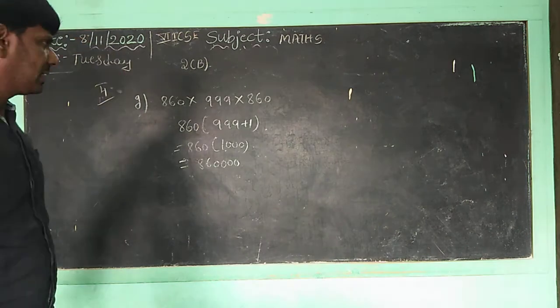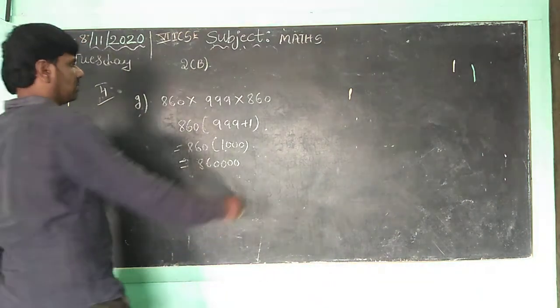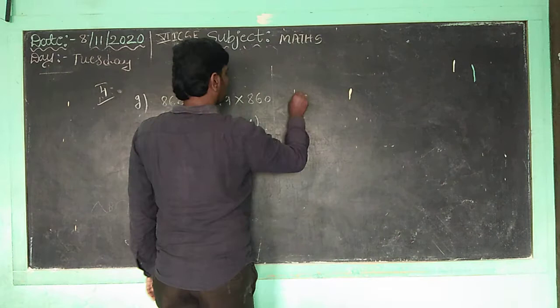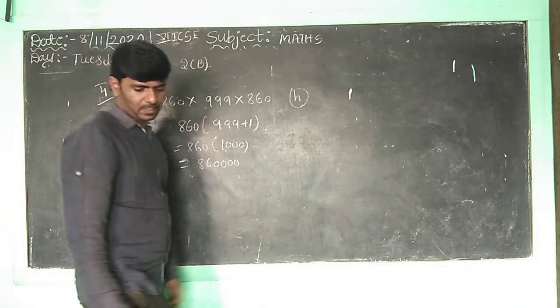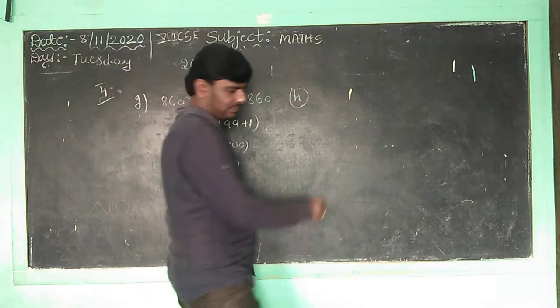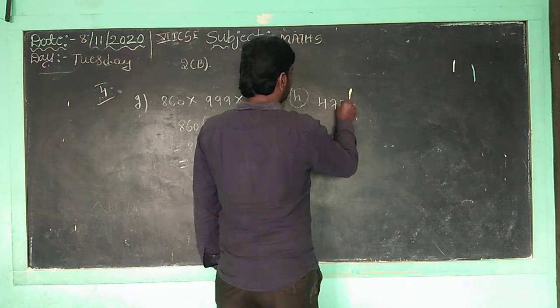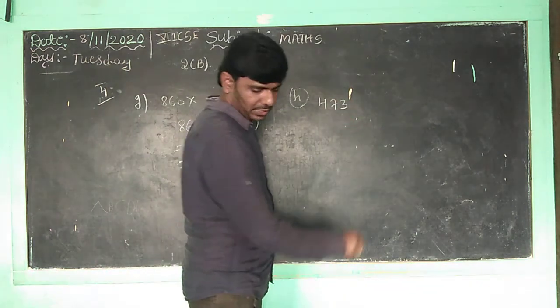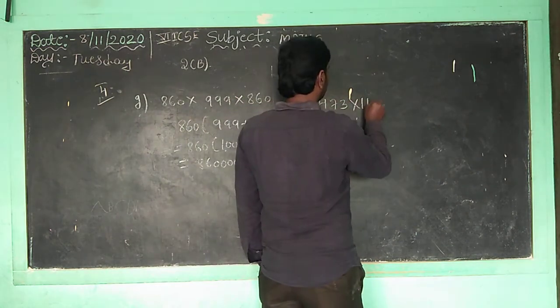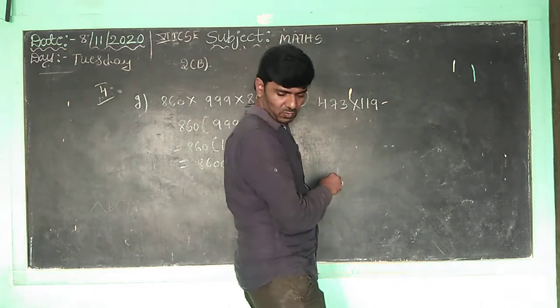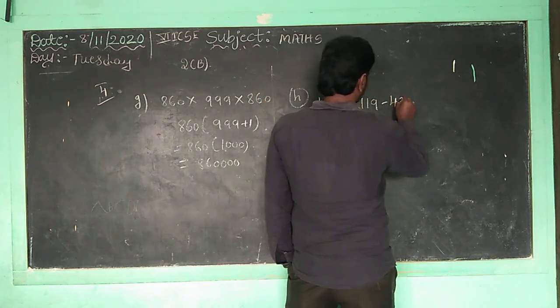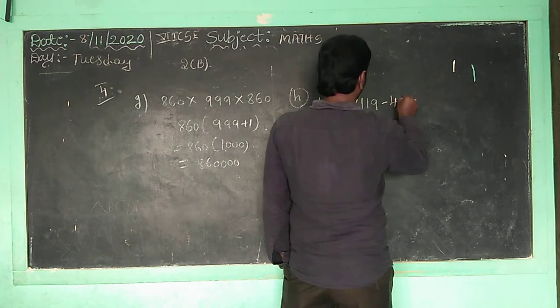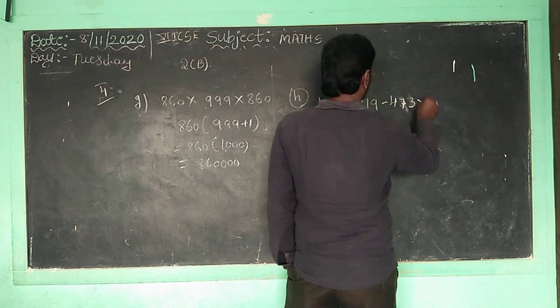Children, now we want to take H question. Next question. What is that? 473 into 190 minus 473 into 90.